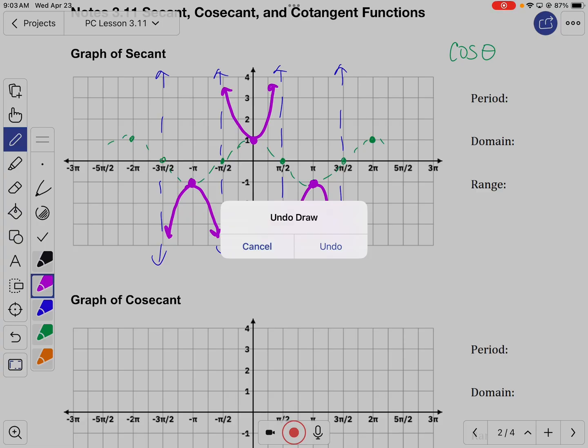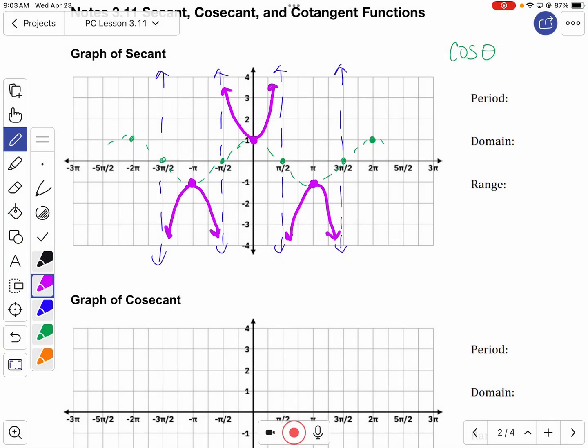Now, if we kept going, what's going to happen? I keep getting U's that go up and U's that go down. They just switch between these U's, and there's this space between 1 and -1 where nothing's really there. The purple is the only thing that's part of this graph.